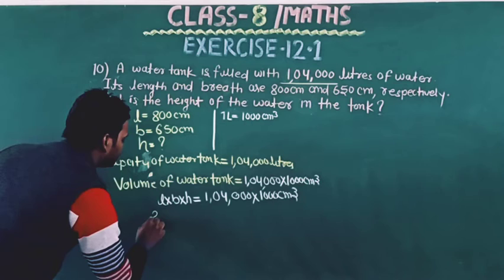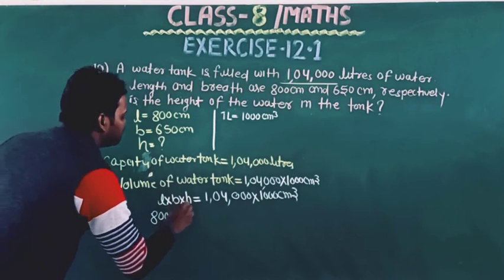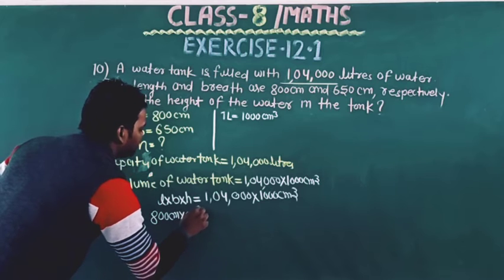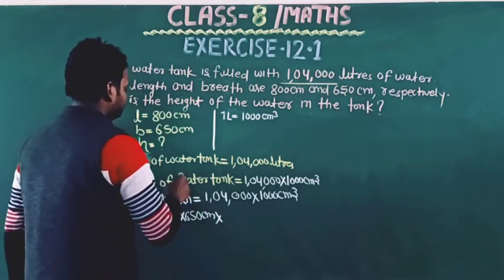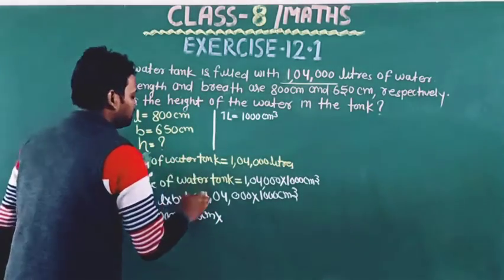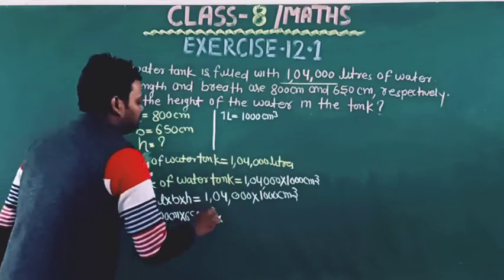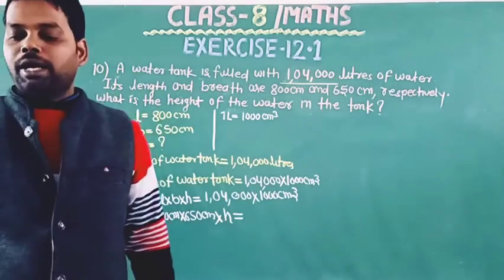Here the length and breadth of the water tank are given. Length is 800 centimeter, breadth is 650 centimeter, and height is not given. This we have to find.